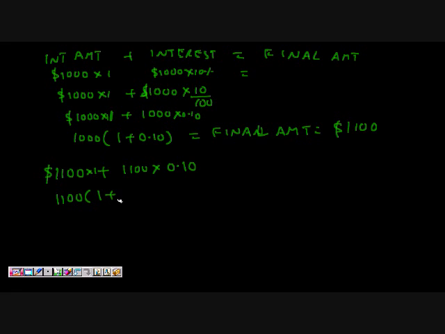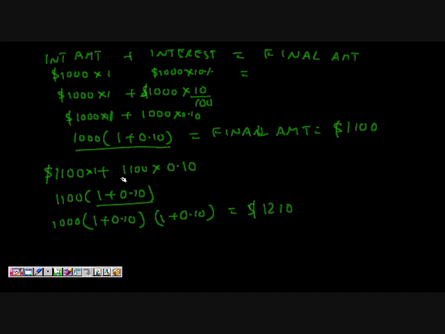Now 1,100 is also 1,000 into 1 plus 0.1. So instead of 1,100, we'll write 1,000 into 1 plus 0.10 into this 1 plus 0.10. Okay, so that's equal to $1,210, because if you remember, for the second year, the final amount was $1,210.